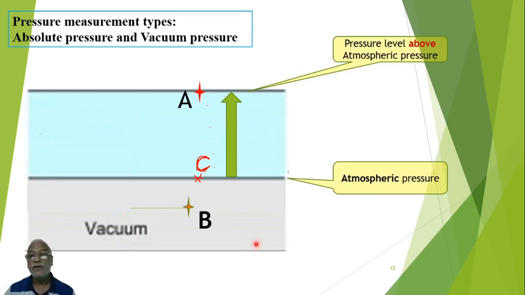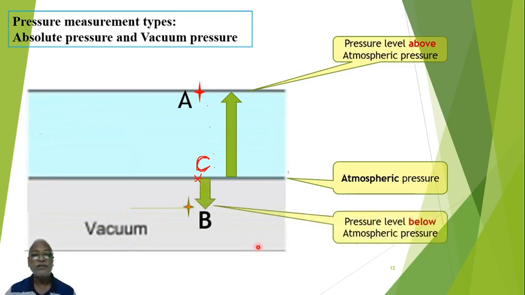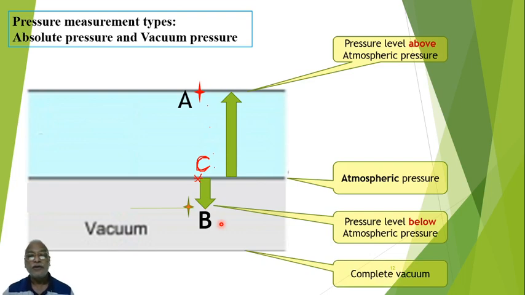Now this particular point B is below atmospheric pressure by so much. So it is a pressure level below atmospheric pressure, by so much magnitude. If you go on decreasing, as just now told, you can vacate the container.